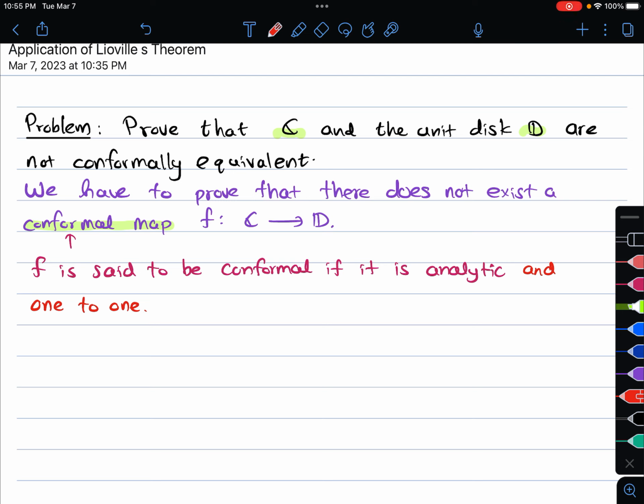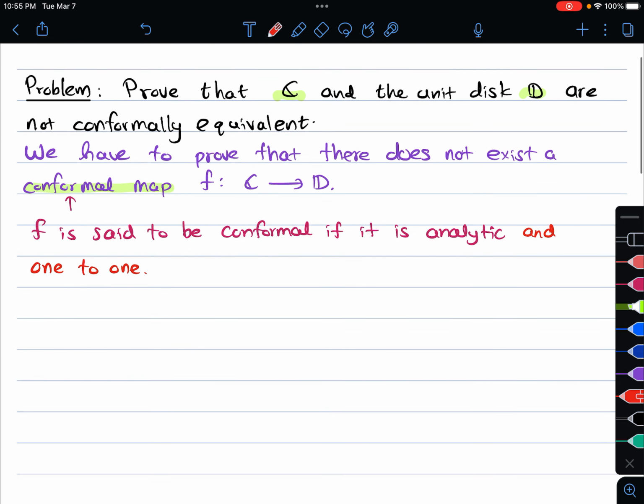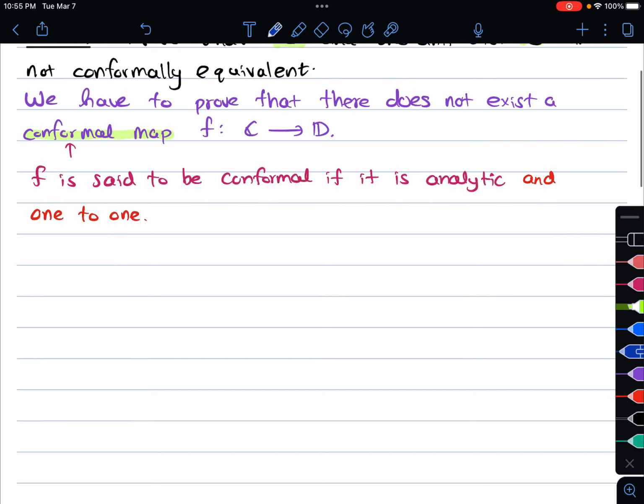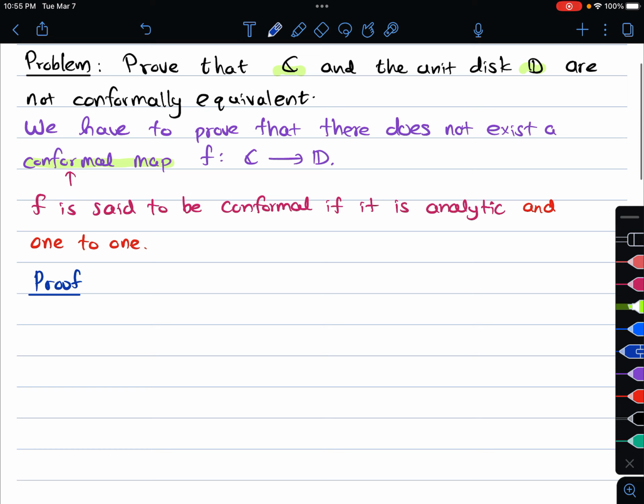In this case I am going to use the method of contradiction to do the proof. So I will start the proof. My target is to show that there does not exist a conformal map from the complex plane to the unit disk.